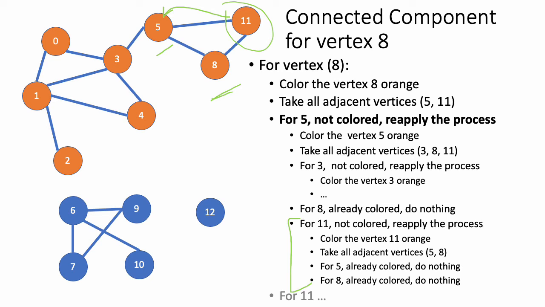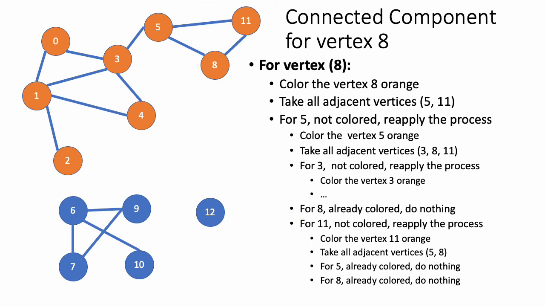But for 5, I took all the neighbors, 3, 8, and 11. So again, I will need to go back from 5 to 8, and 8 had two neighbors, 5 and 11. I treated 5, but I haven't treated 11. So the last step will be now to look at 11, and 11 is already colored, so I do nothing.